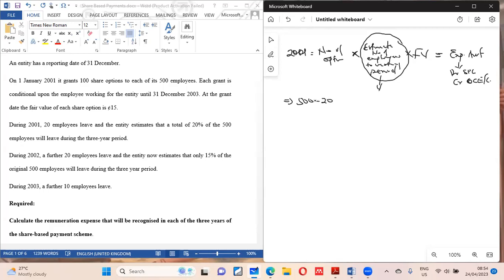And it's also estimated that a total of 20% of the 500 employees will leave during the next 3 years. So we find 20% on 500, which is 100. So it will be 500 less 20 less 100 in brackets. Am I correct, sir? Oh, don't worry, I will answer you.